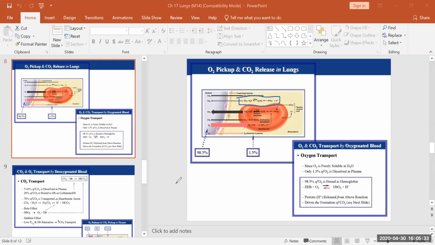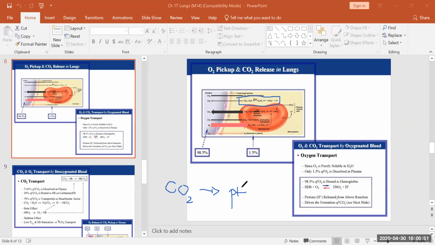The relationship between CO2 and this CO2 directly affects the pH of a solution.